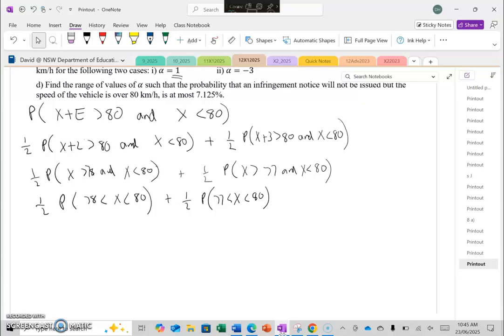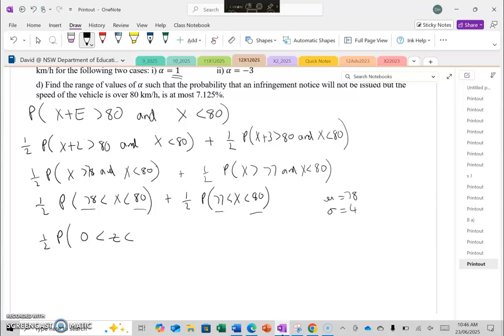A reminder that the mean was 78 and the standard deviation was 4. We worked that out from part A. I want to work out probabilities, so I need Z scores for each of those. 78 is easy because it's on the mean, so that's going to be 0.